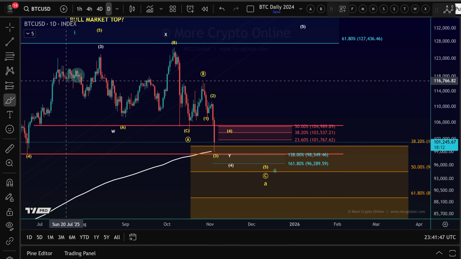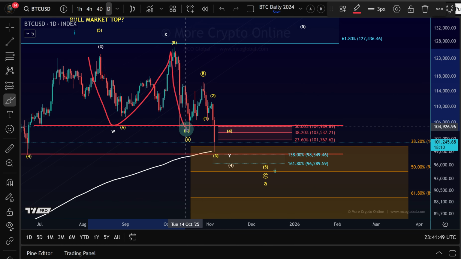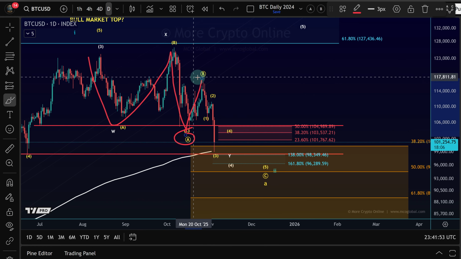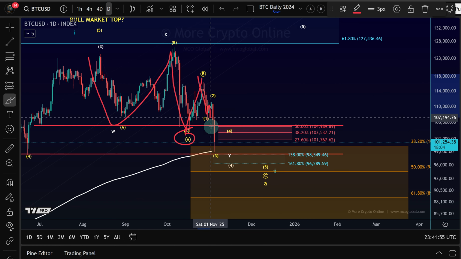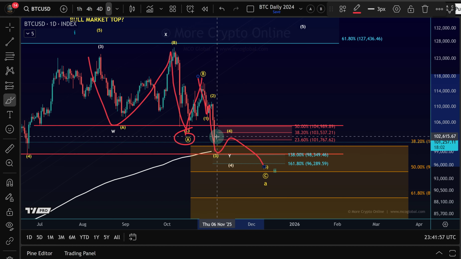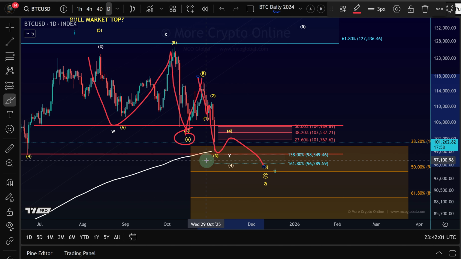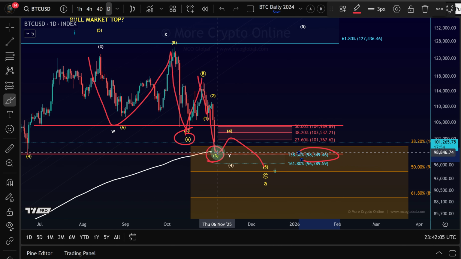So we have an A, B, C structure to the downside in a larger A wave. Then this could be a B wave, and now we're coming down in a C wave, 1, 2, 3, 4, 5 in wave C. I shared with you that the first ideal target for the third wave is $98,350. We've basically touched it. A few hundred dollars above, we've now stopped.